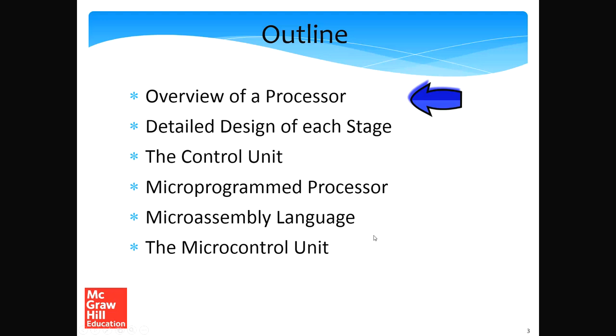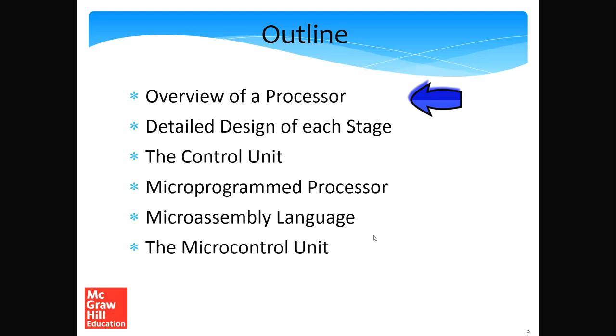Let's now consider the outline of this particular chapter. We shall start with the overview of a processor, where we shall describe all the features that are required to implement a simple RISC processor. Then we shall look at the detailed design of each stage, and focus on the control unit after that. Subsequently, we shall describe a different type of processor.